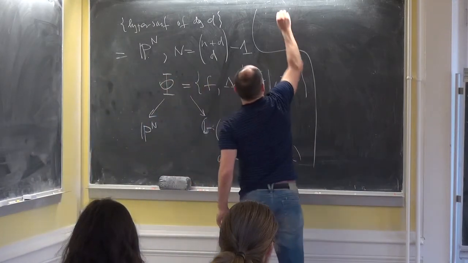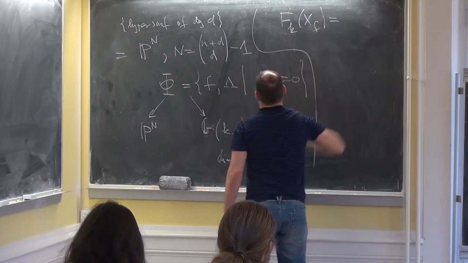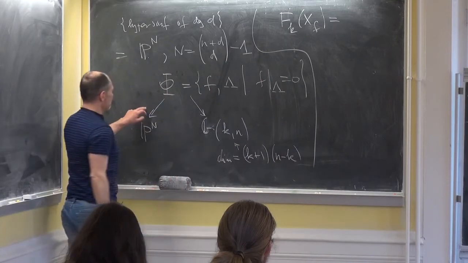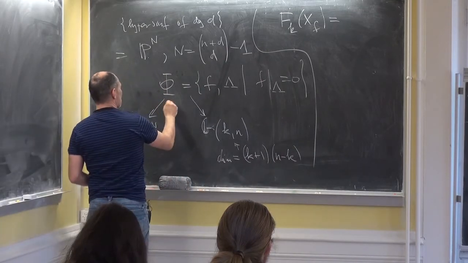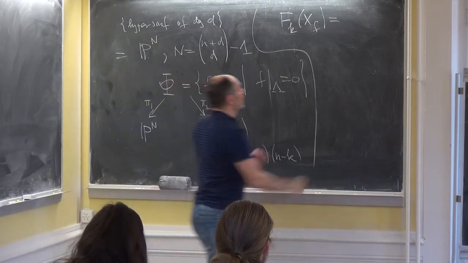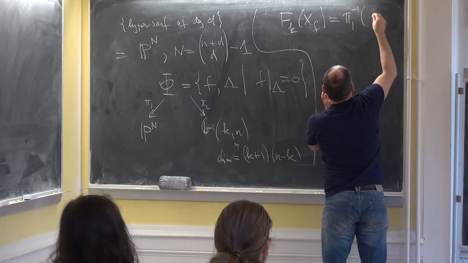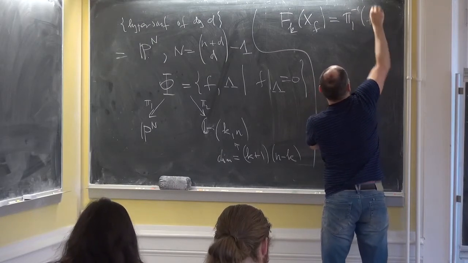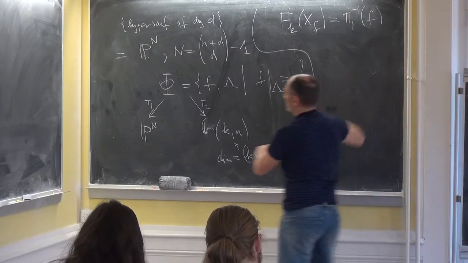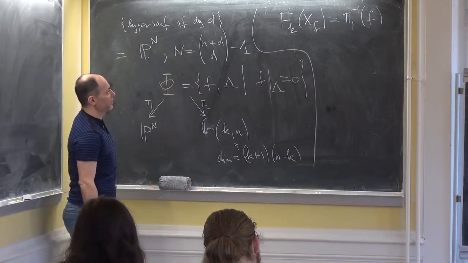So we had the formula that F_k of X, where we'll call these pi 1 and pi 2, is just pi 1 inverse of this point f. These are all the planes where f is 0.